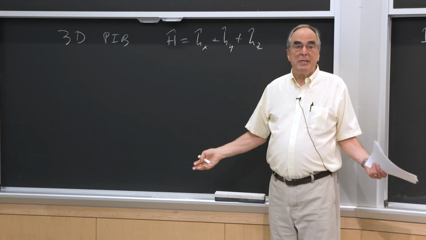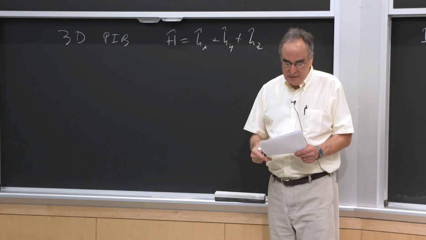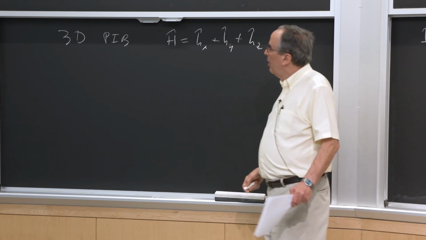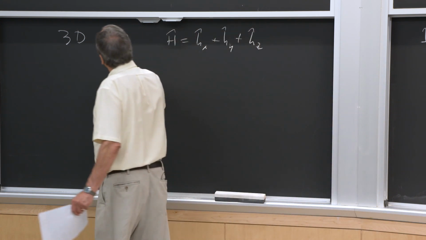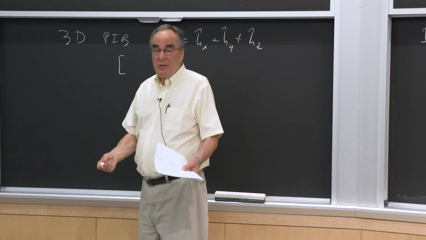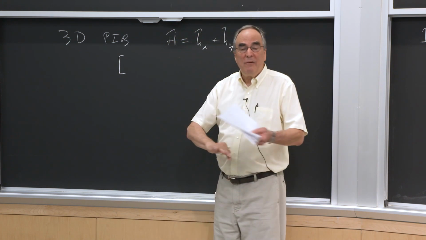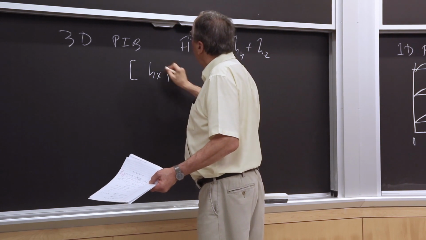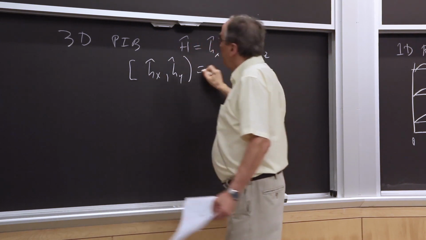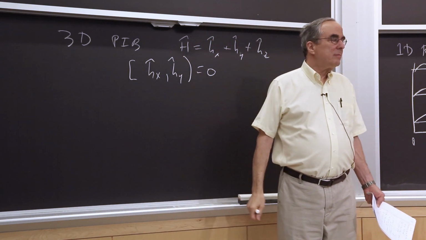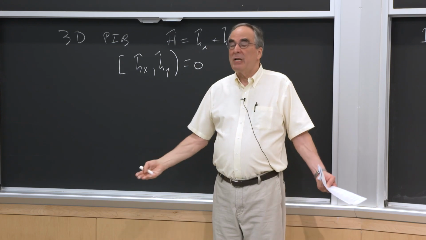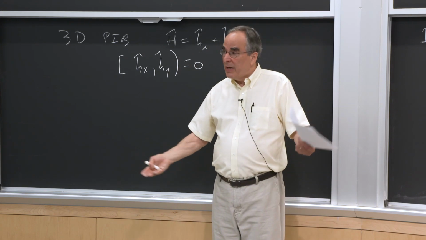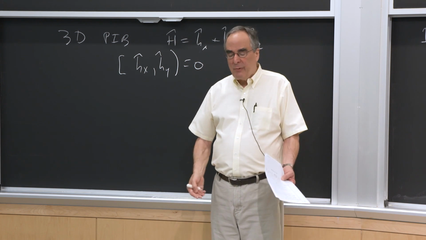So the problem is basically solved once you solve the 1D box. Now, one proviso. You can do this separation completely formally as long as hx and hy commute.